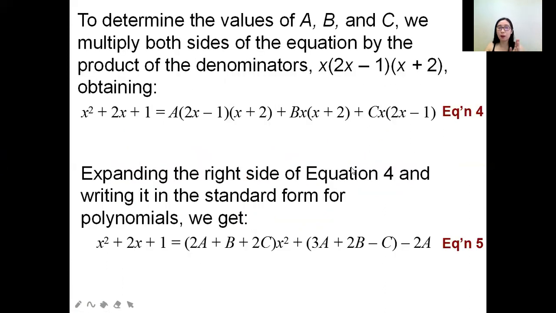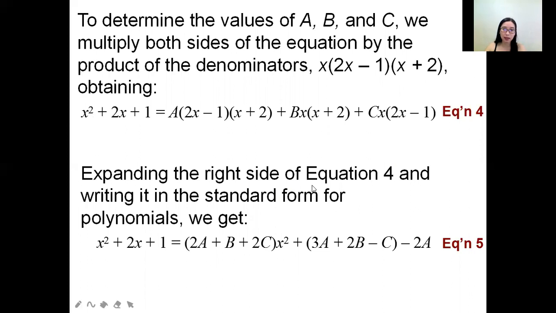To determine the values of A, B, C, we multiply both sides of the equation by the product of the denominators, obtaining, so we perform multiplication, okay? The numerator stays there, the denominator is multiplied to the right side of the equation.